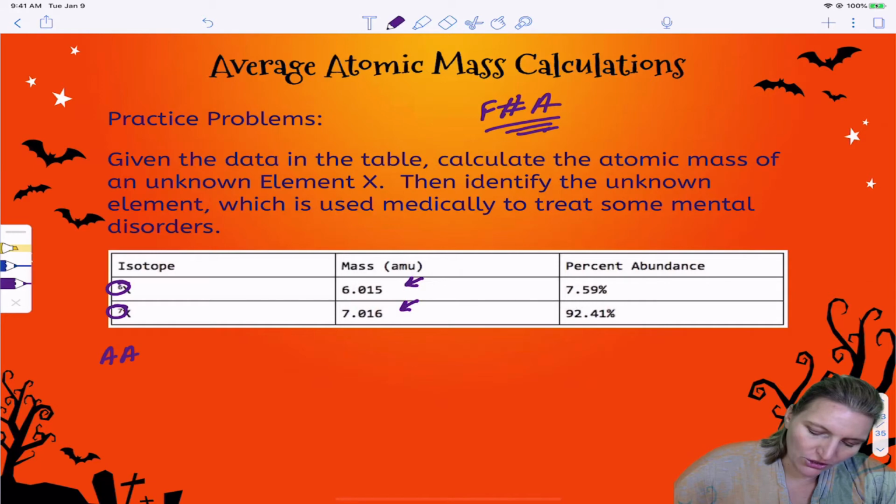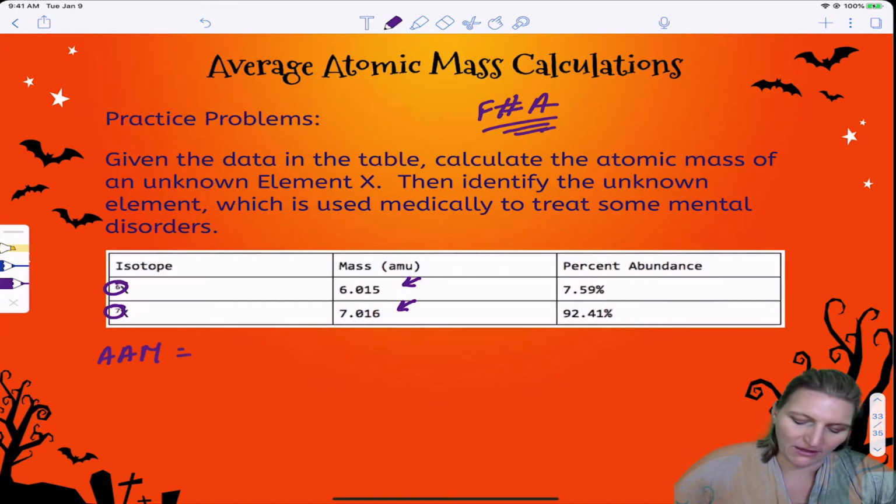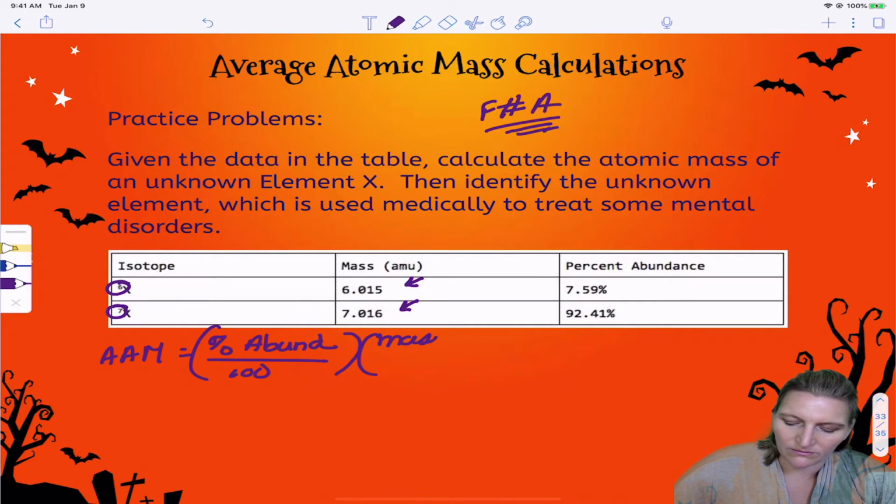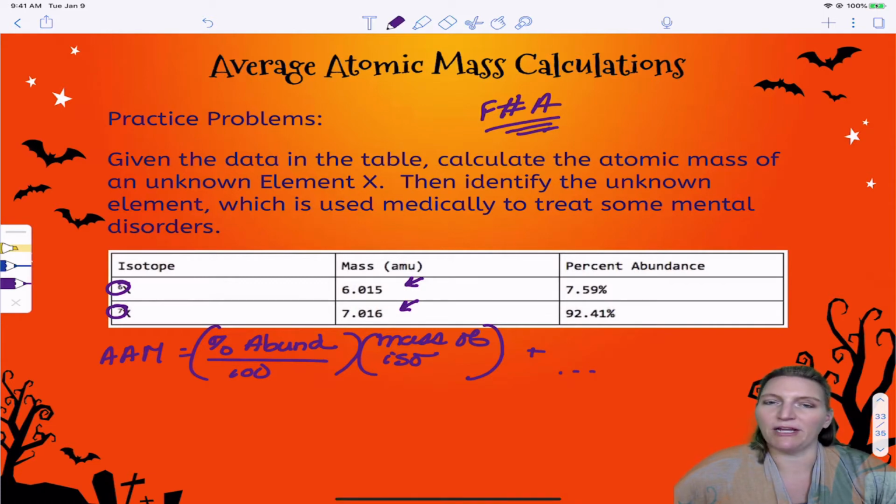So the average atomic mass, right? We always write the formula. The percent abundance divided by 100 times the mass of the isotope. I know that's a different order than I wrote it on the previous page, but remember, multiplication order doesn't matter.